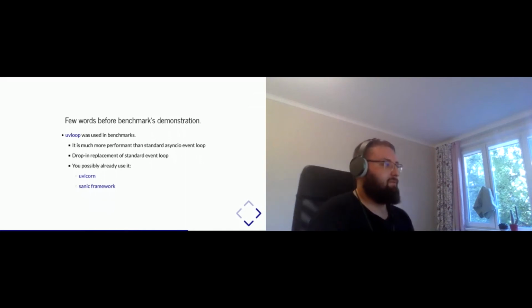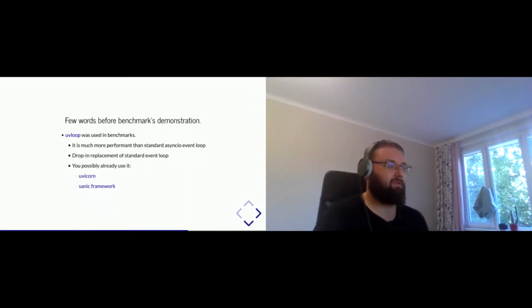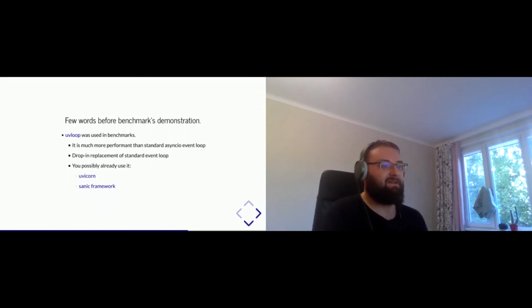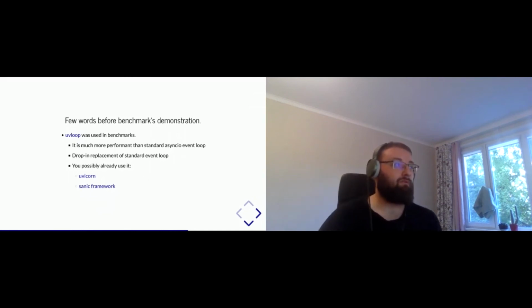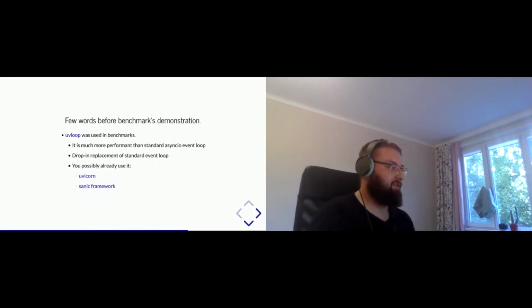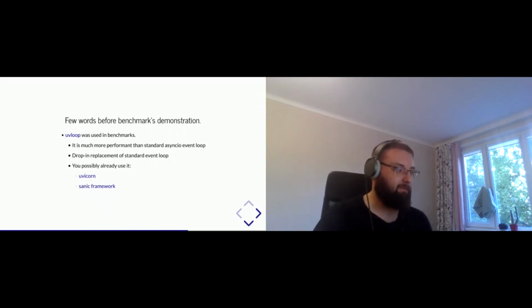And you possibly have already used it if you're working with asyncio and writing asynchronous web services. So I think it's better to test against it because it's more realistic. So benchmarks almost the same, except that we added batch requests using the construction asyncio gather.